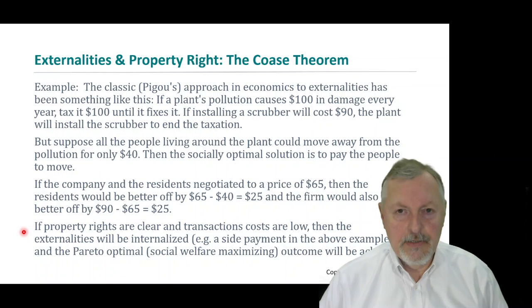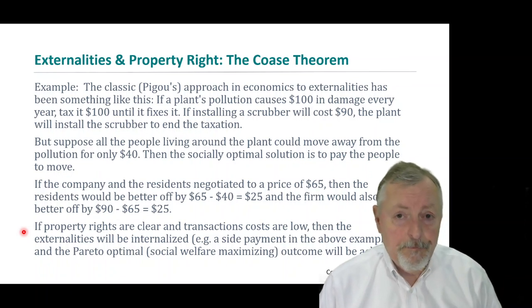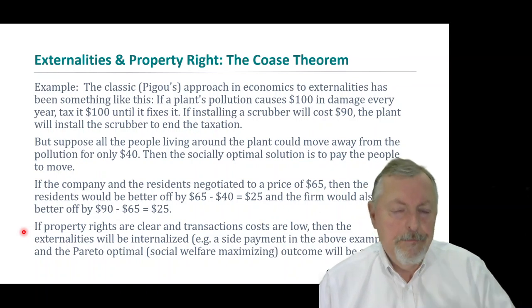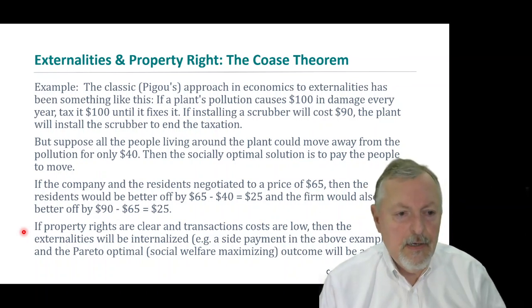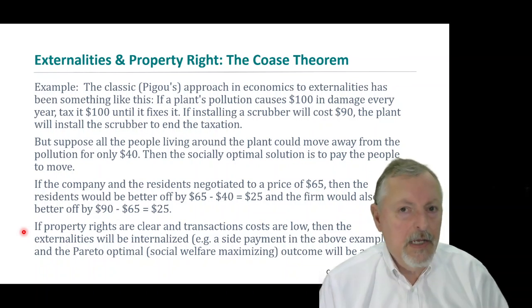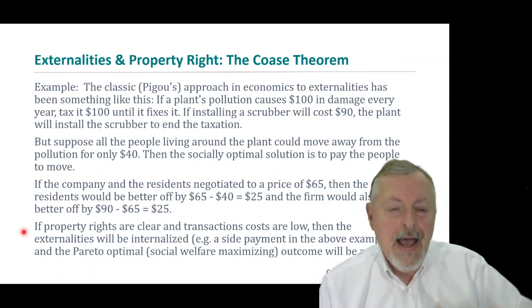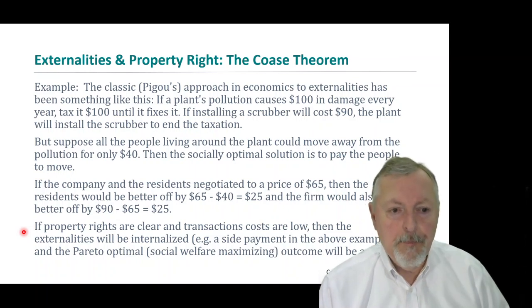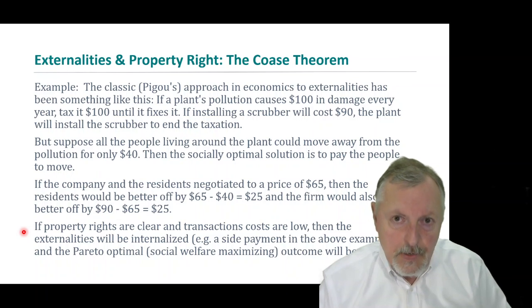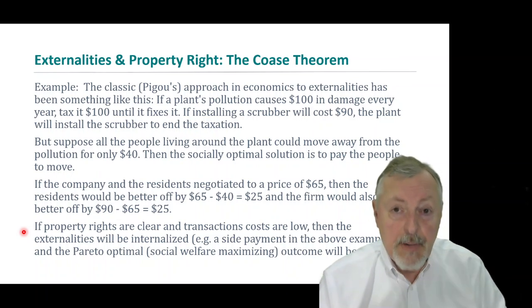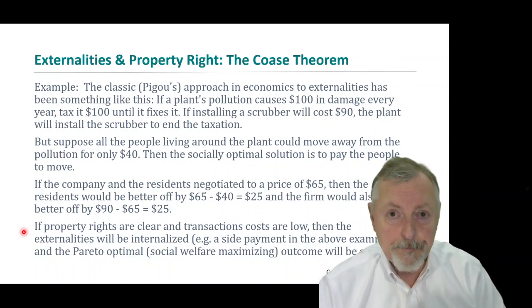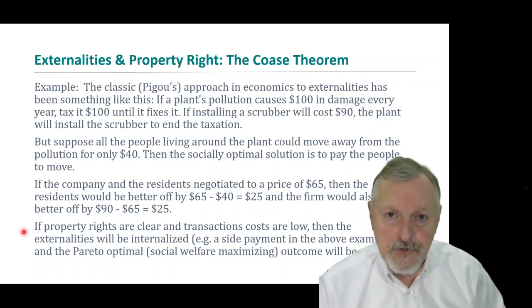So if property rights are clearly defined so that trades can happen and transaction costs are low, then we say they will internalize the externalities. They won't be externalized anymore. Externality: a cost or benefit incurred by someone outside of the transaction. Well, if you can take that cost or benefit and bring it into the transaction so that one of the decision makers, the buyer or the seller, has those costs or those benefits, then they've internalized the externality.